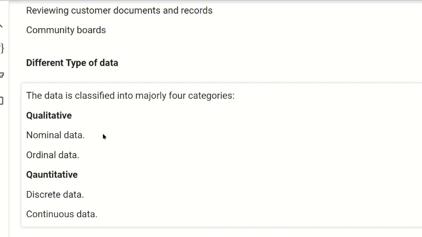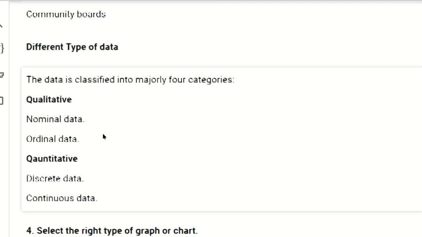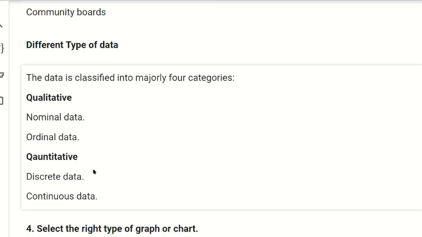In ordinal data, consider a class or different types of statistic data. It puts things into ordered groups, like first rank students in one group or second rank students in another group, etc. Quantitative data contains discrete data and continuous data.